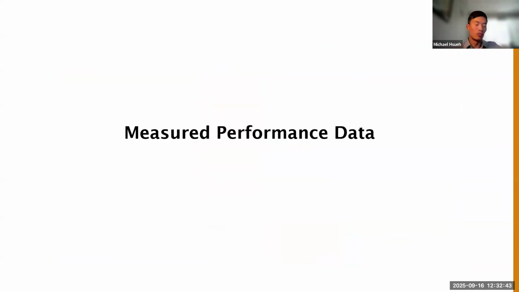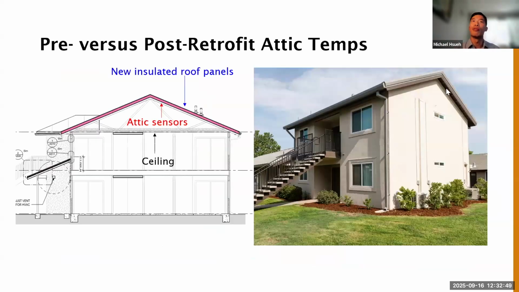So we have measured performance data from both of these demonstration sites. One of the interesting ones to me is at Vera Cruz, where we installed temperature sensors inside this attic. We had a lot of data on temperature, moisture, and humidity, but I'm focusing on just the dry bulb temperature inside this attic before and after the retrofit.